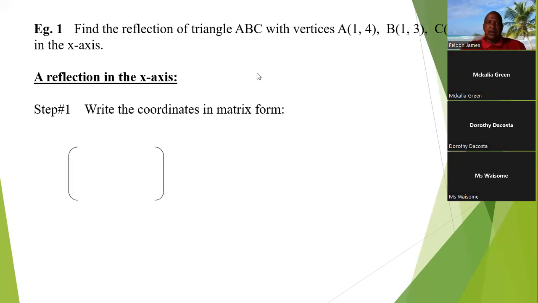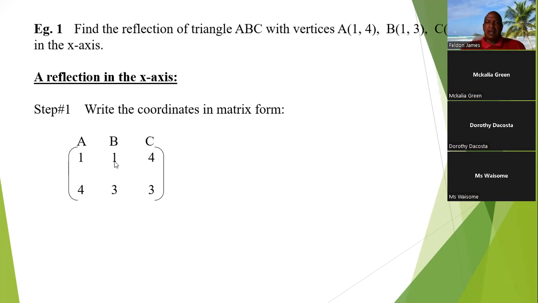When you're writing these in column form, you're going to put all of them in one matrix. So first we write the coordinates in column form. That's step one. You notice that the x coordinate would be above and the y coordinate would be below. So for A, you have 1 above, 4 below.